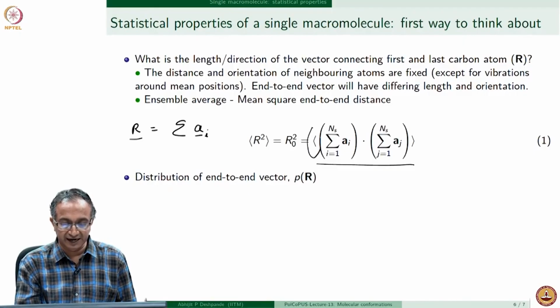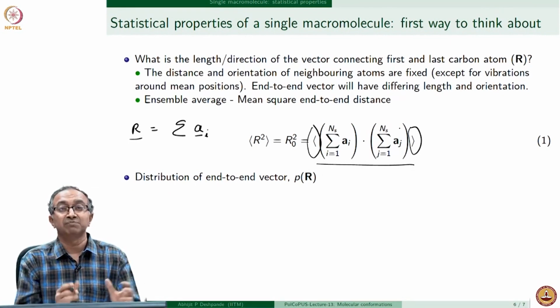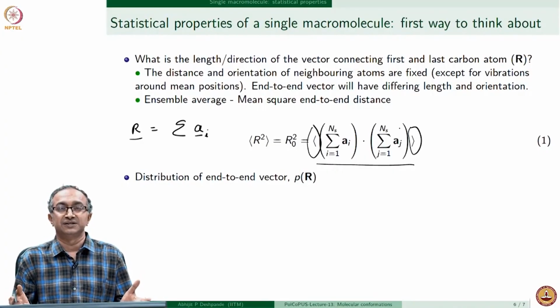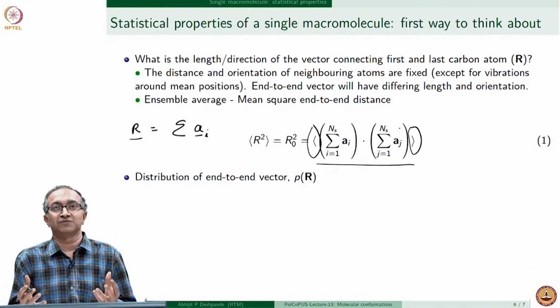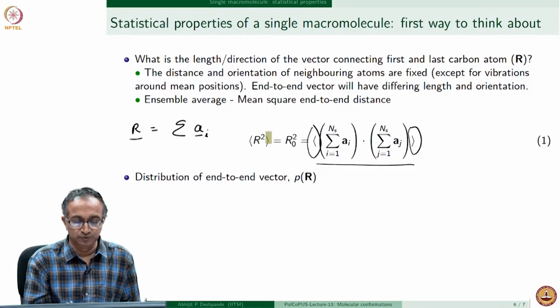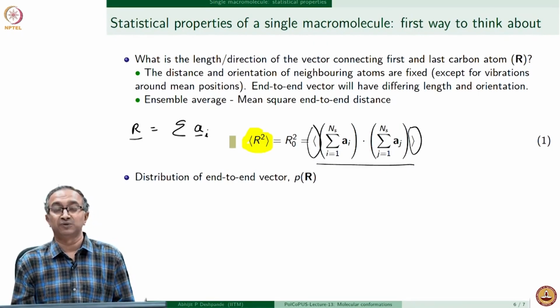These brackets here we will use in the course many times. This indicates an ensemble average. If I take a bulk sample of polymer, there are 10 to the power 23 macromolecules in it, each of them having different conformations. When I pose the question of what the average end-to-end distance between the two ends of macromolecules is, I need to do an ensemble average.